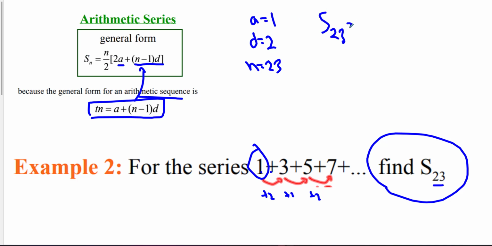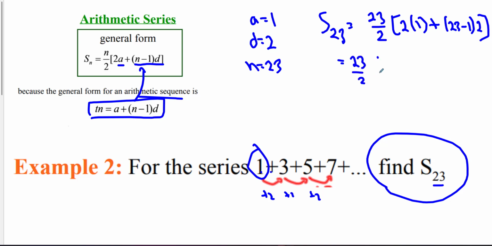S23 is equal to 23 over 2 times brackets 2 times 1, because A value is 1, plus 23 minus 1 times D, which is 2. So 23 over 2, I'm just going to leave that for now.